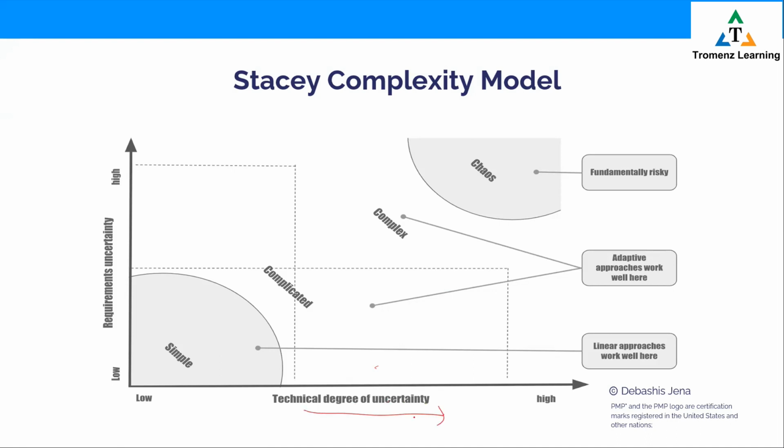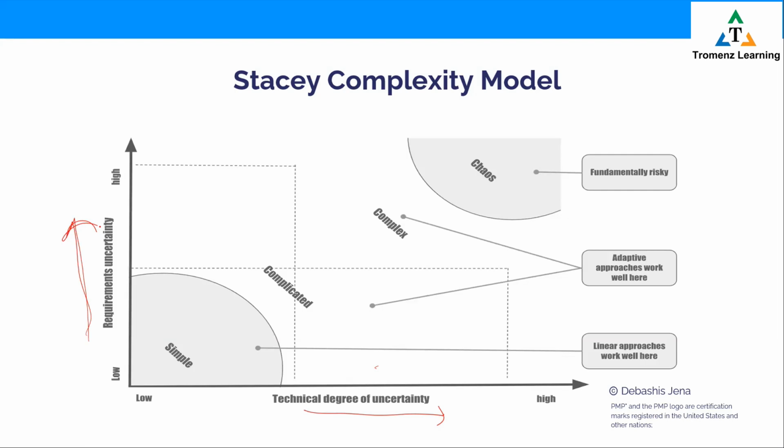And the y-axis is requirement uncertainty. I mean, requirement is volatile. We're expecting a lot of changes. Technical degree of uncertainty means we don't know how to build the product. We don't have a clear path visible. We may know it somewhere and elsewhere, we hardly know that. That's what is technical degree of uncertainty.